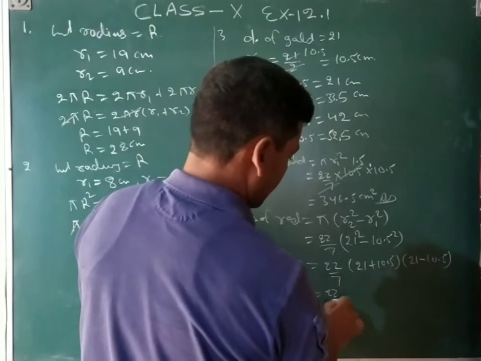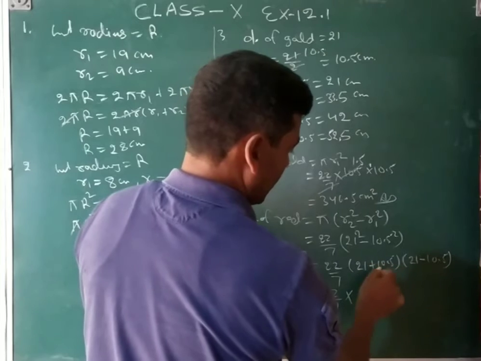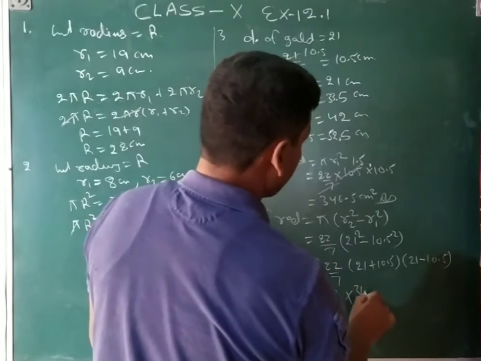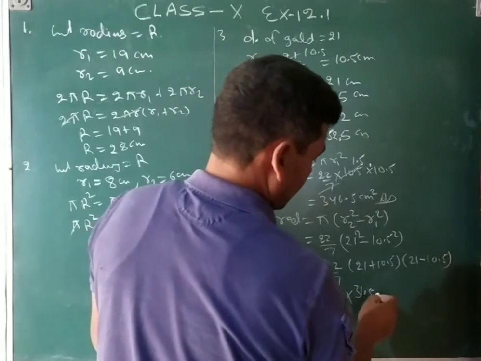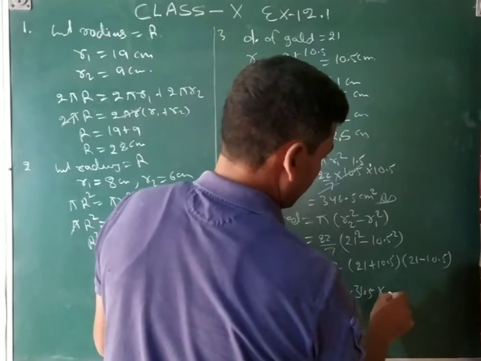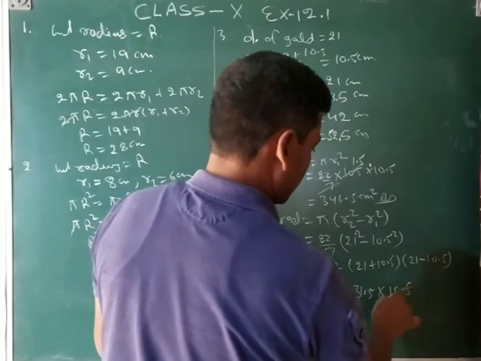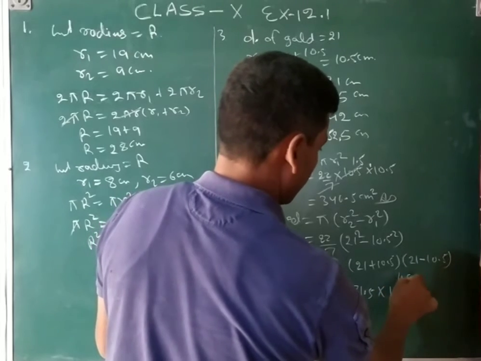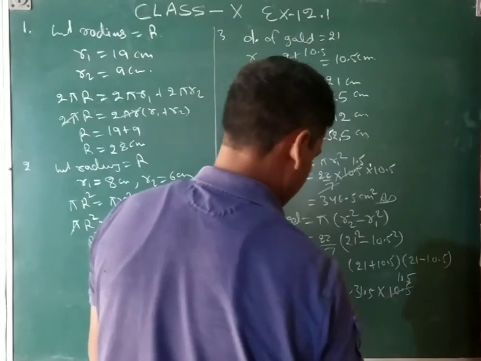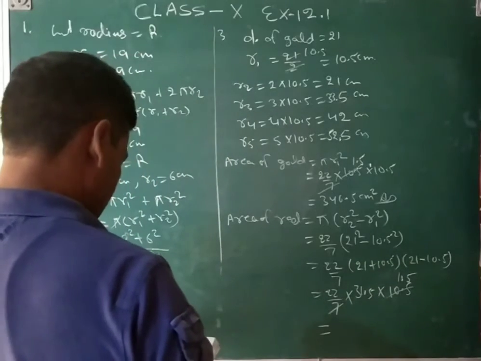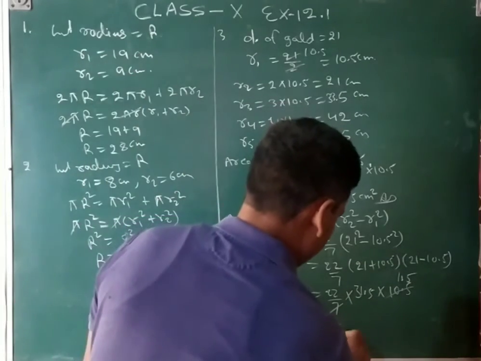So 22 upon 7 into 31.5 into 10.5. After multiplying, that will be 1039.5... that will be 1033.5.